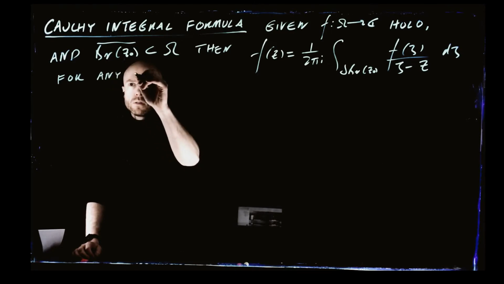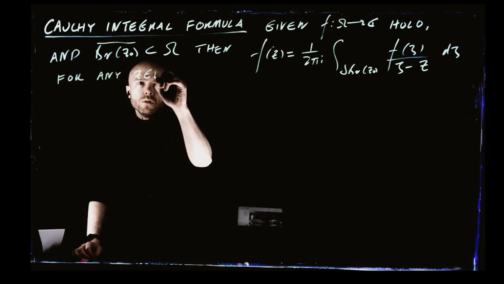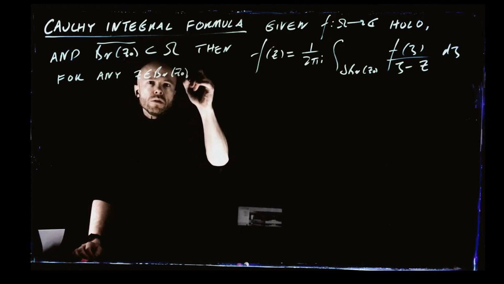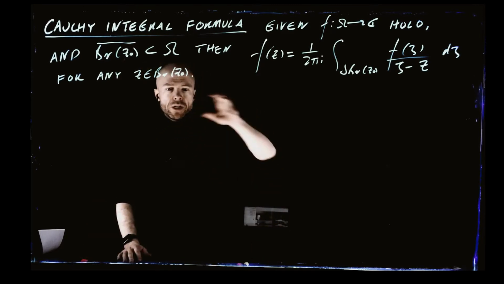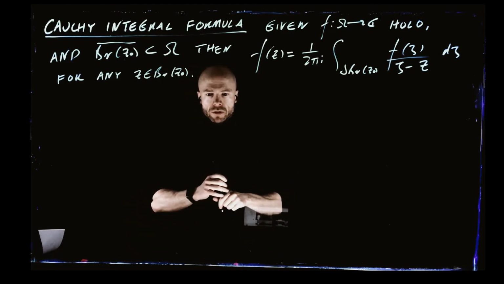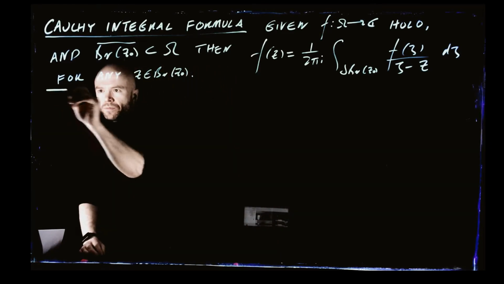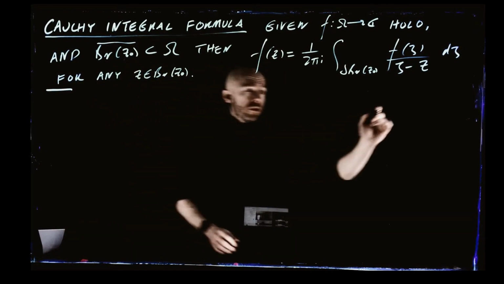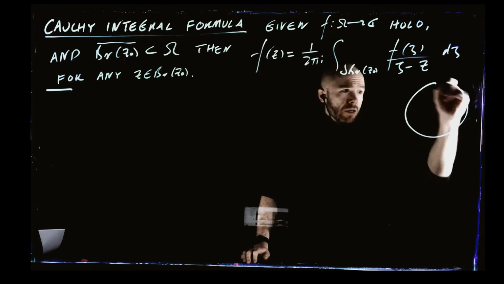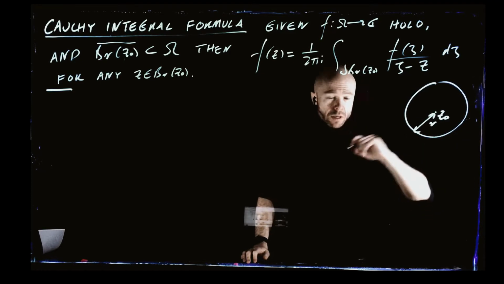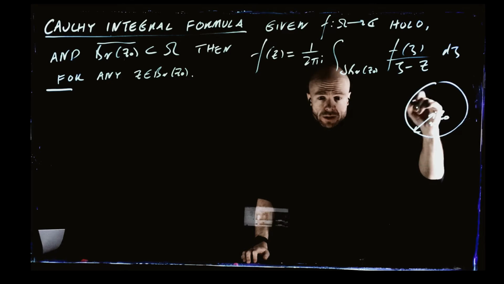Okay, give me a sec. For any z inside the ball of radius r around z0. So this is the statement that we have, right? And we learned what this meant in the situation of putting z exactly on z0. So here's the picture. We have some ball like this, some radius like this, and we took some z inside this.